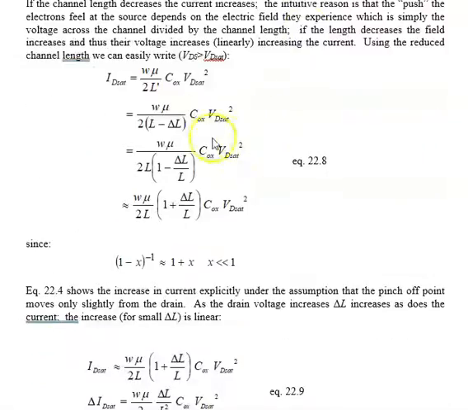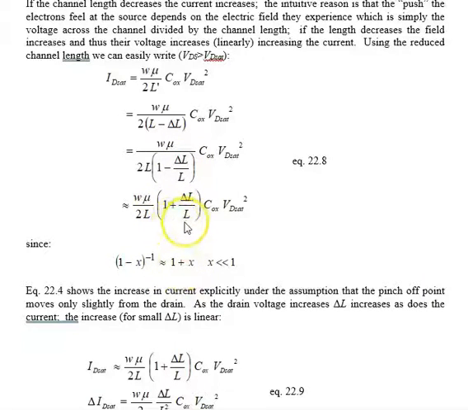Okay, here it is. So L prime is L minus delta L, and we can pull an L out of the parentheses, and we get 1 minus delta L over L. And if delta L is less than L, which we certainly hope it is, we can expand this as a power series. 1 minus x, where x is delta L over L, to the minus 1 power is approximately equal to 1 plus x.